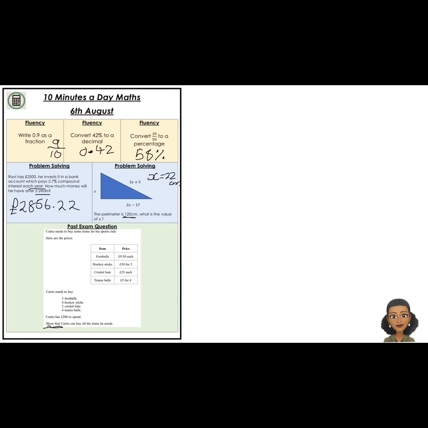So let's look here. We've got footballs, okay, and he needs 5 footballs. Each football is £9.50. So we've got 5 times £9.50. And that gives you £47.50.